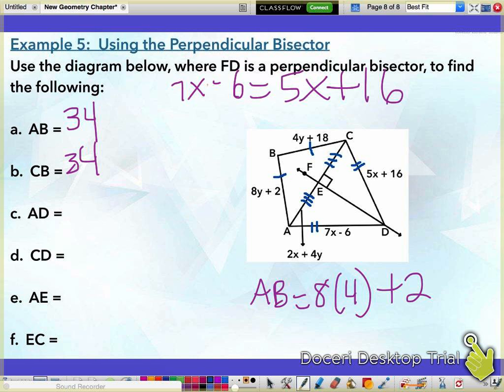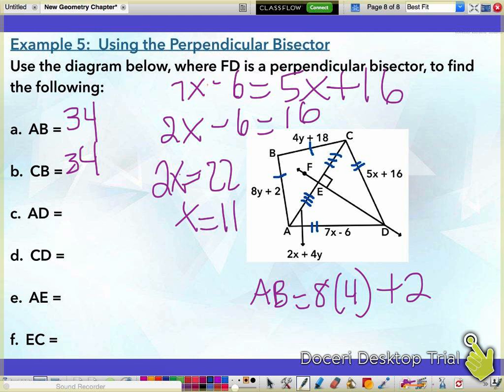Okay, so subtract 5x, you get 2x. Okay, add 6. 2x equals 22, so x is 11.